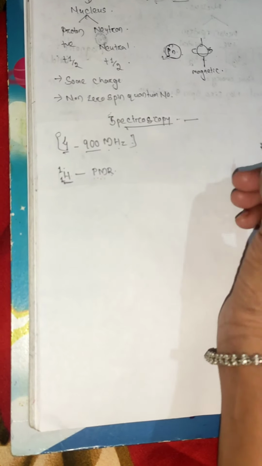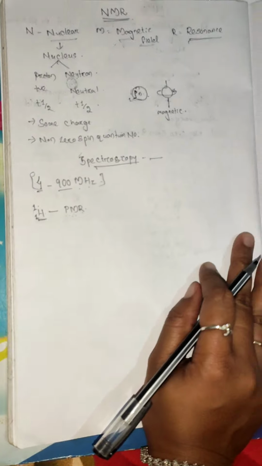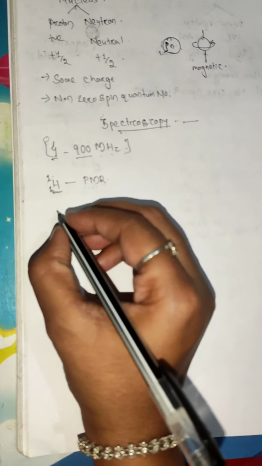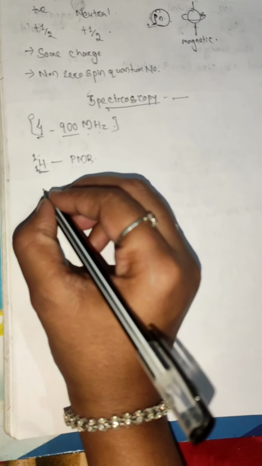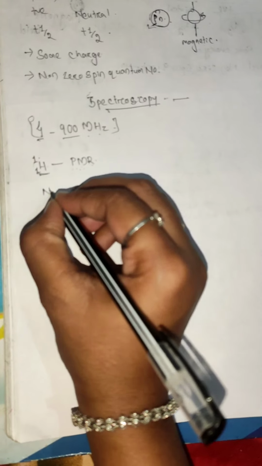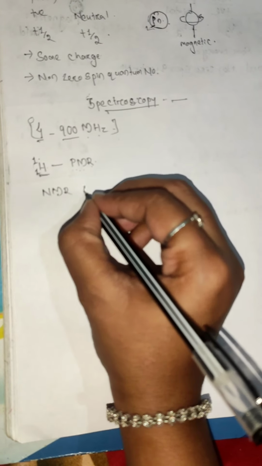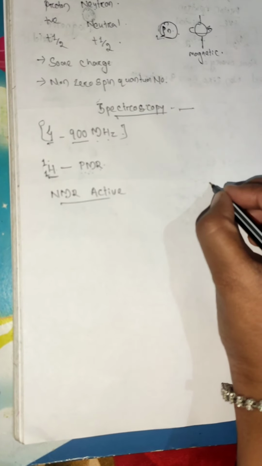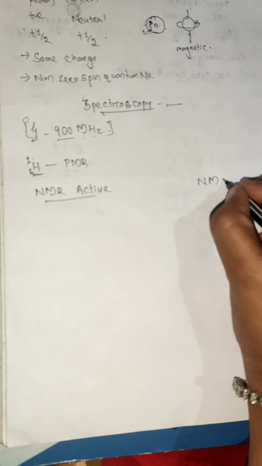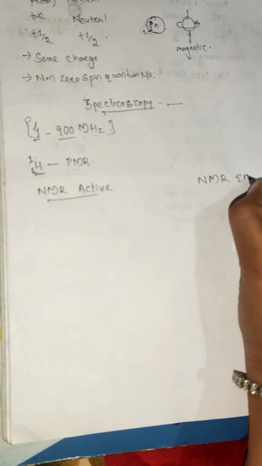So hydrogen is one of the most powerful tools for elucidating the number of hydrogens or protons present in the compound. So let's move on to the topic: whether the compound is NMR active or NMR inactive.